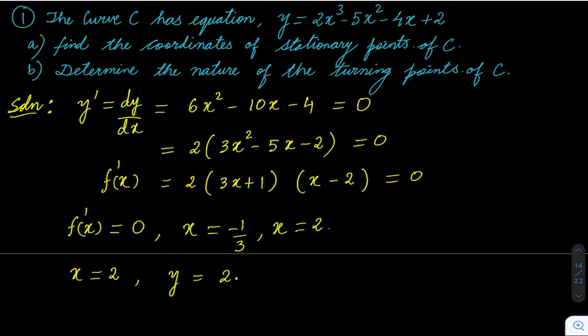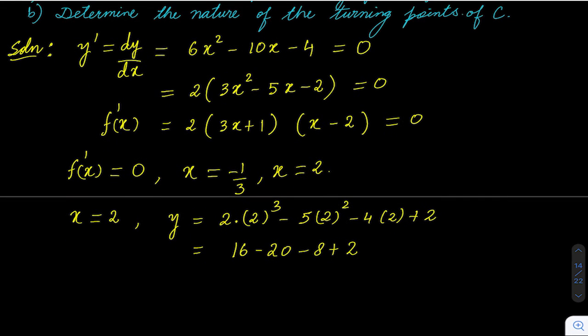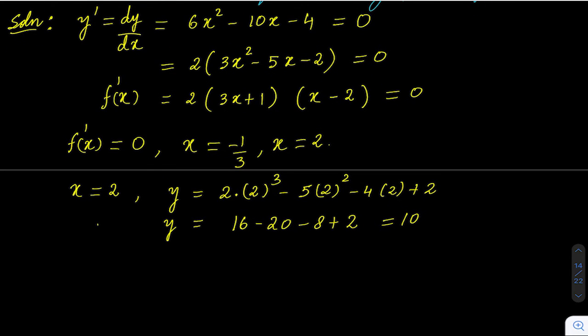Using a calculator you can find it, or you can orally solve it, whichever you like. 2 into 2 cube minus 5 into 2 square minus 4 into 2 plus 2. So this will be 16 minus 20 minus 8 plus 2. So this is nothing but minus 10. So y is coming out to be minus 10.